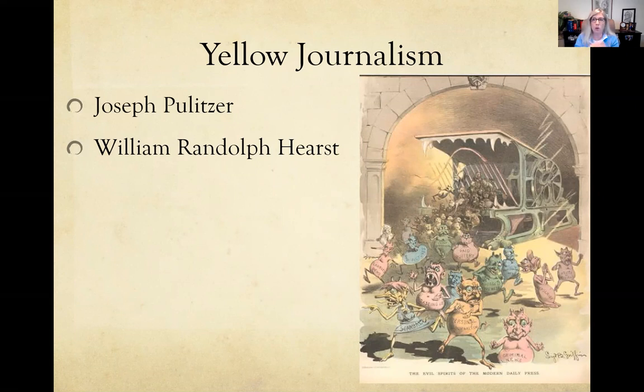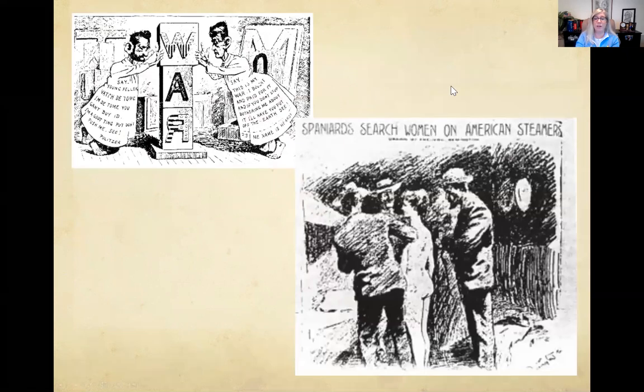Now, there are also stories that come out where they're saying that American ships are being searched by Spanish leaders and that they're strip searching American women on these passenger ships. And that kind of starts to stir up a lot of unease, right? So here we've got this Spaniard searching women on American steamers.